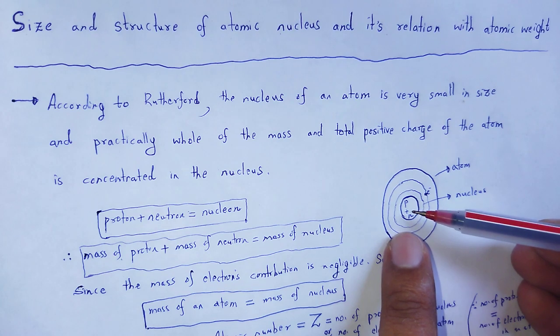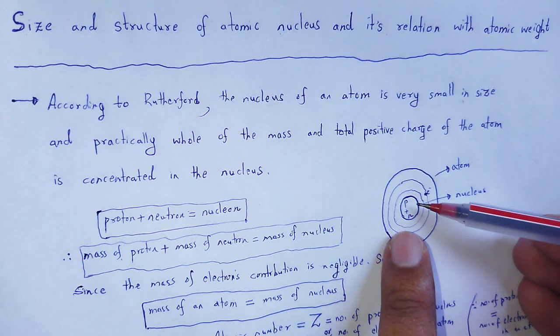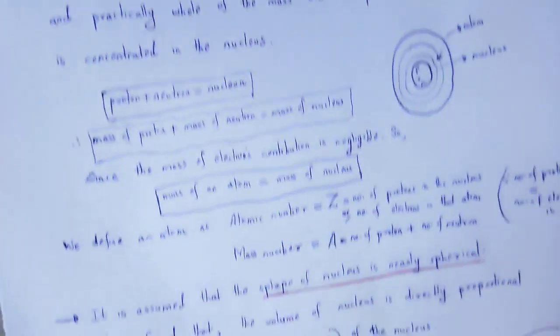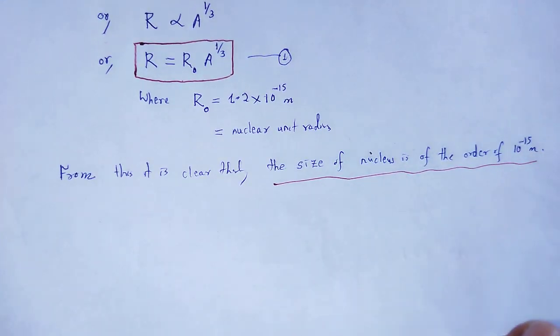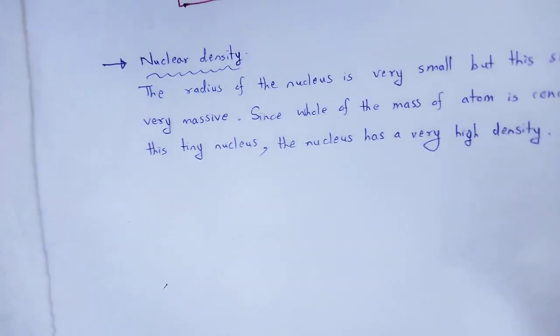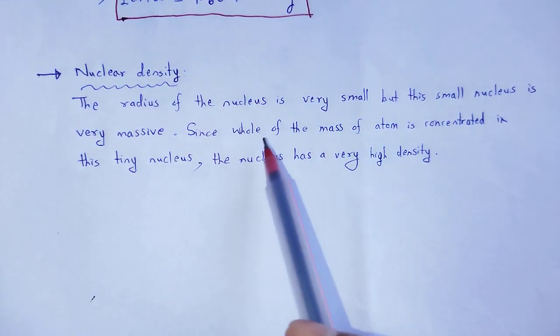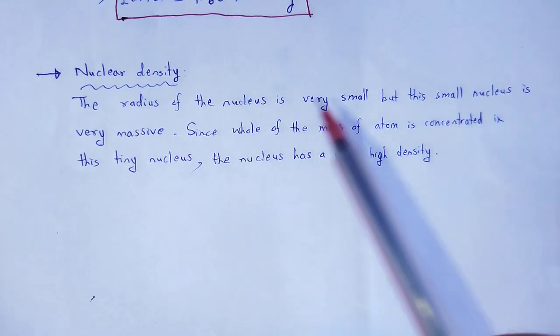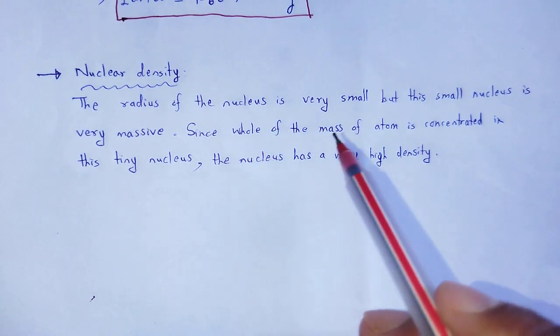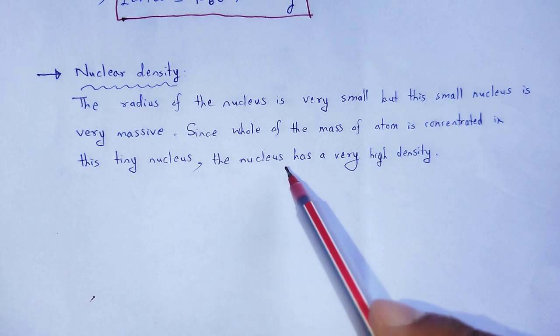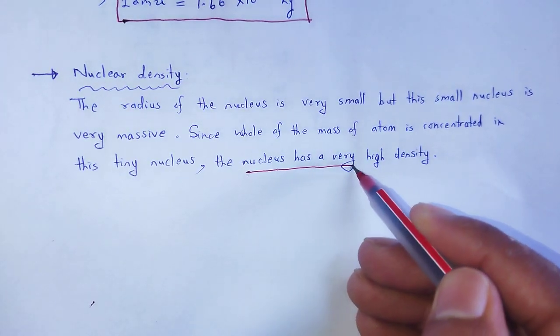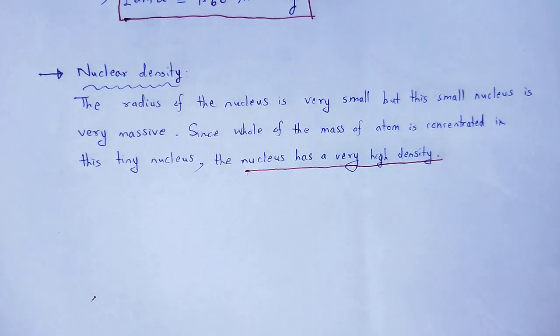The size of that nucleus is of the order of 10 to the power minus 15 meter. Since whole of the mass of atom is concentrated in that tiny nucleus, the nucleus has very high density.